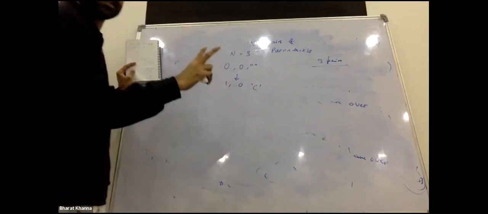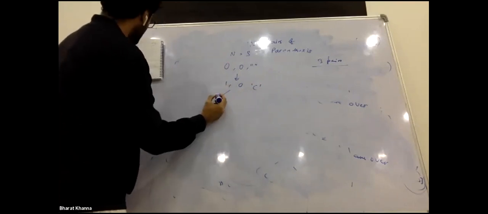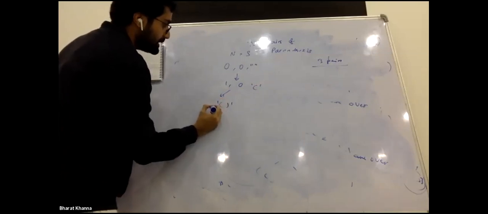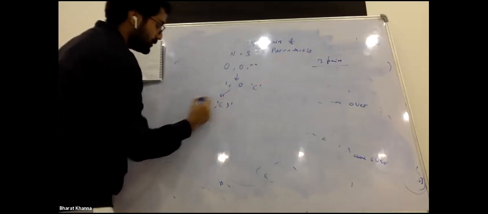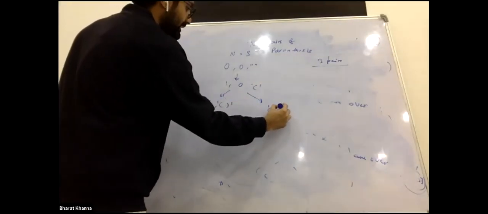I have got 2 choices. Since I have not exhausted this, the first choice could be that I introduce one closing bracket. So basically this becomes like this, and then I have one opening, one close. And another choice could have been that I introduce another opening again. So this is 2, 0.